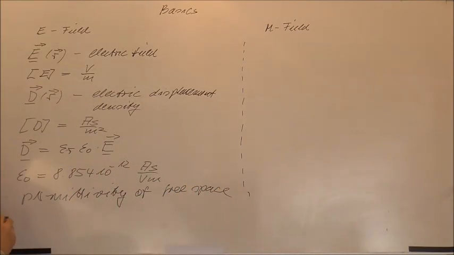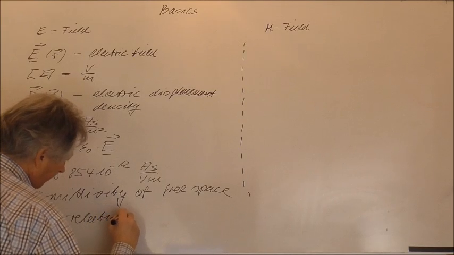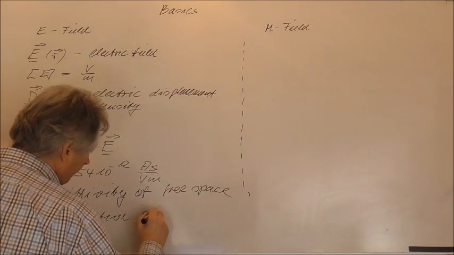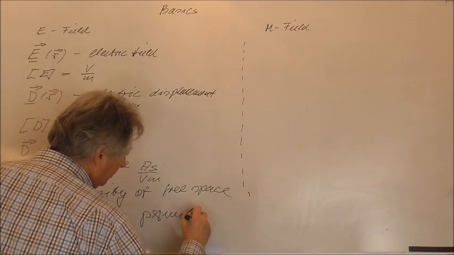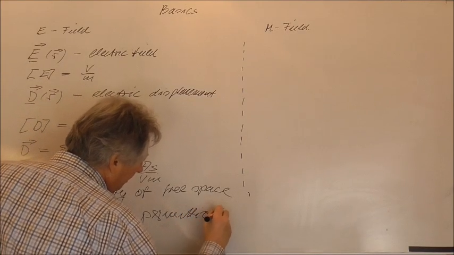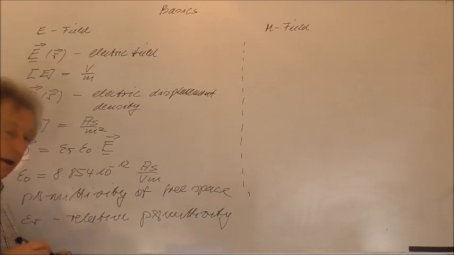And epsilon r is called the relative permittivity. Of course epsilon r, the relative permittivity, must be included if in almost free space there is a certain dielectric.